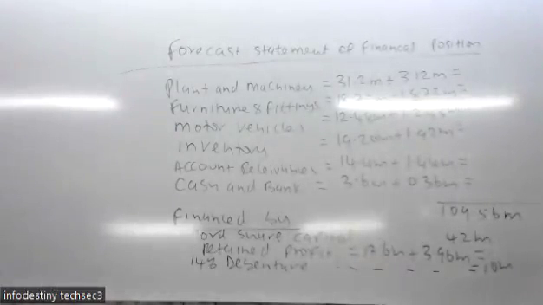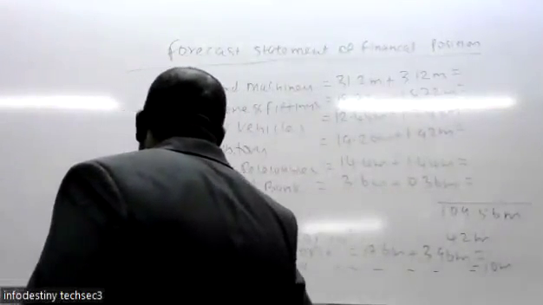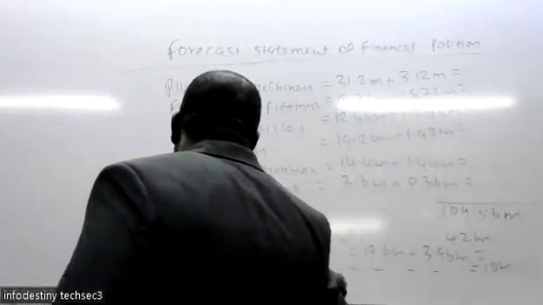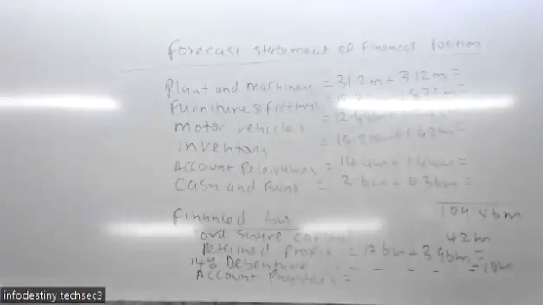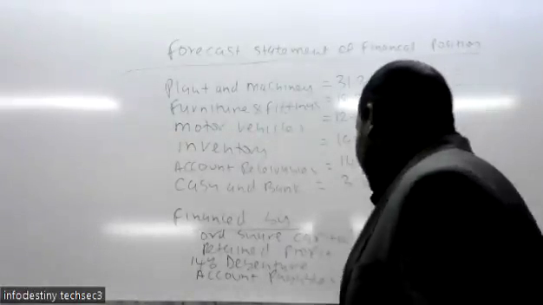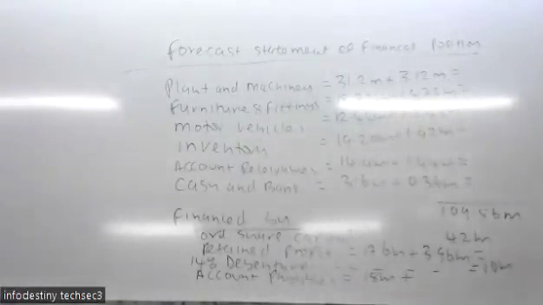The next item is account payables. For the account payables, you take 18 million plus the increase. So increase was how much?